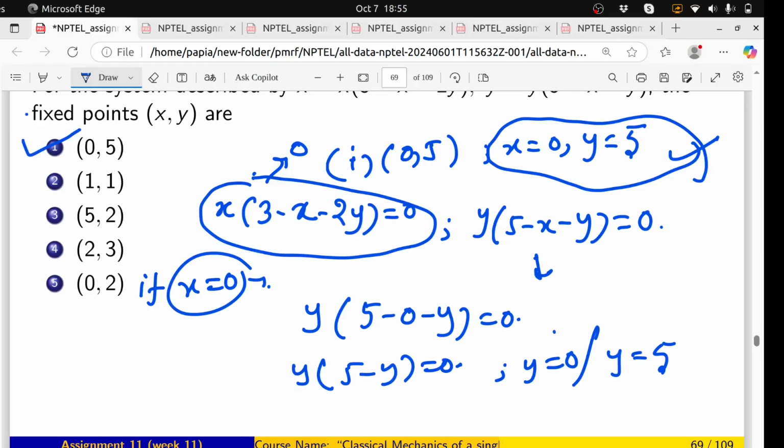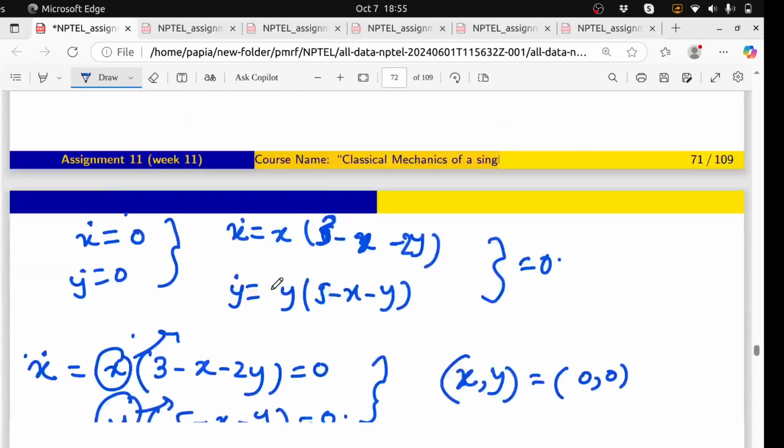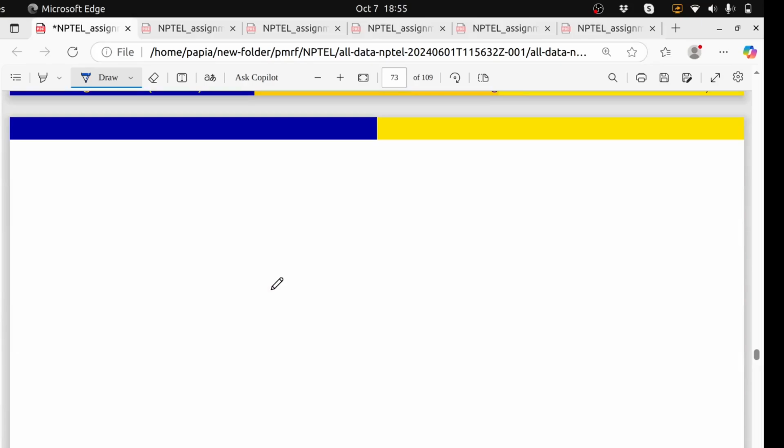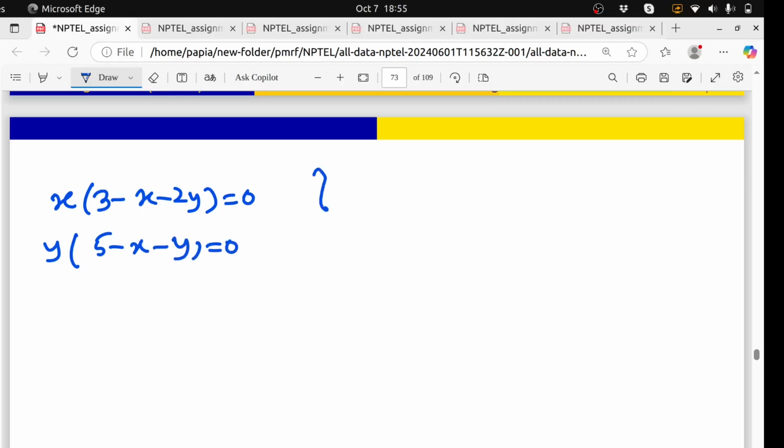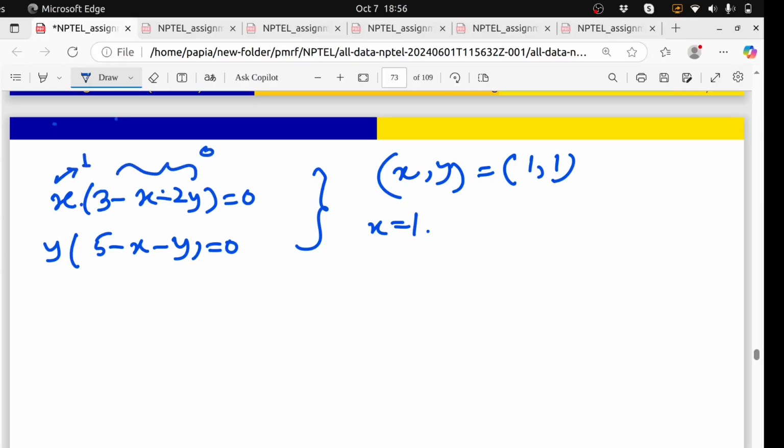What about the next option? Let me check (1, 1). What are the equations? x(3 minus x minus 2y), y(5 minus x minus y). In the next option it is showing (1, 1). Let me write here x equals 1. So as x equals 1, this whole should be 0 by any chance.